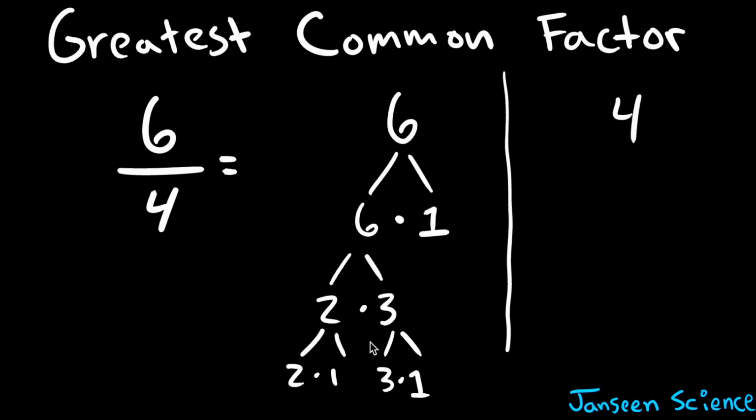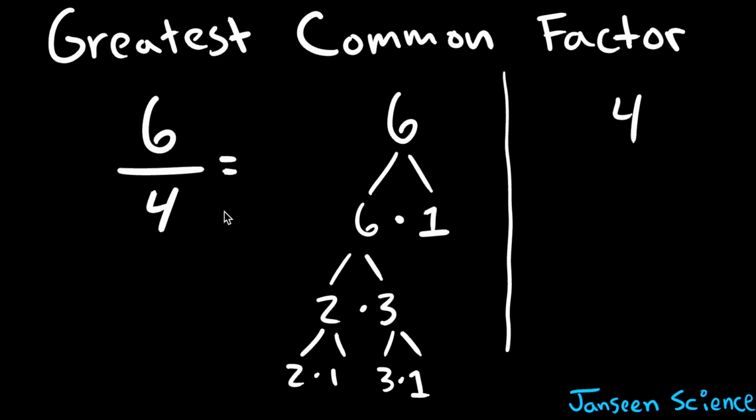We stop there because the only factors are 1 and that number, 2 or 3. So 2 and 3 are prime numbers. It's that number and 1, or 1 times that number.